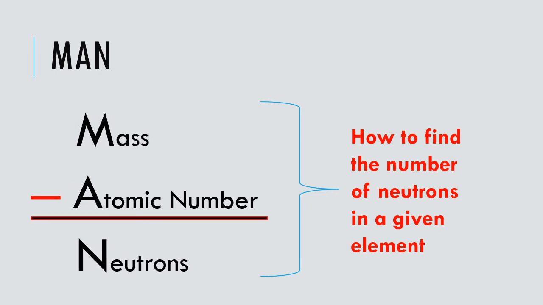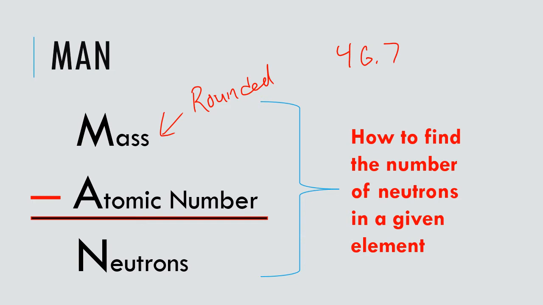And I'll make it more like this. That way it looks more like a traditional math formula to make things a little bit easier to remember that it's going to be subtraction. So your mass number, which is going to be rounded. So if I have a mass, I'm just going to make up a number, 46.7.